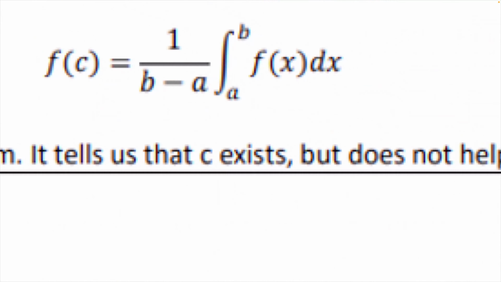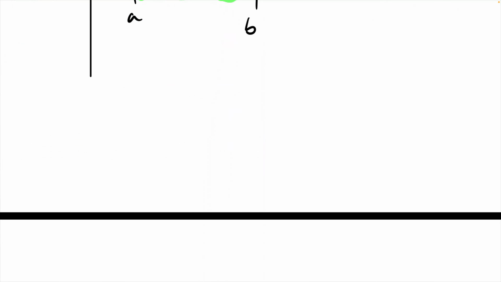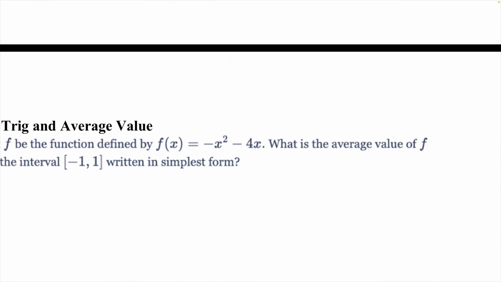Here's the formula we're going to use. Again, the only new part is this fraction right here. For average value, you have 1 over b minus a, where b is the top bound and a is the lower bound, times the integral of f of x dx.